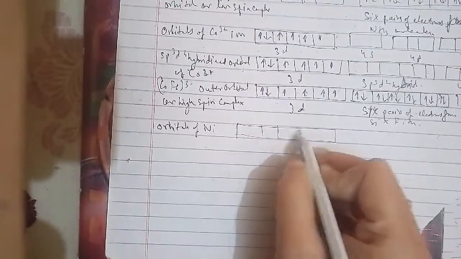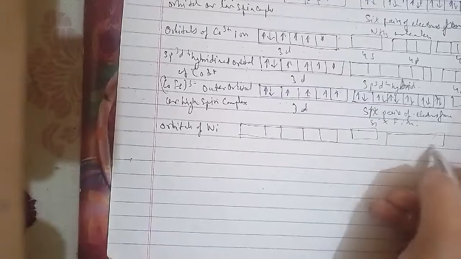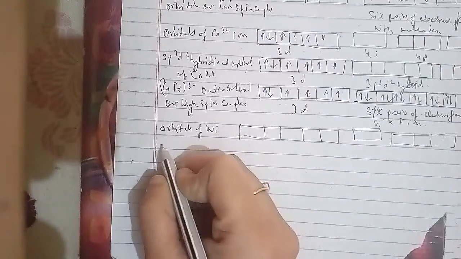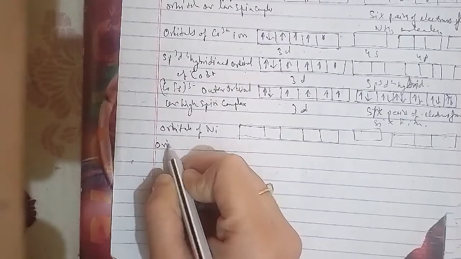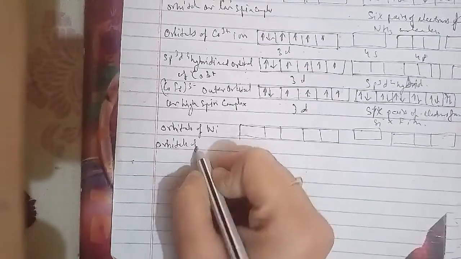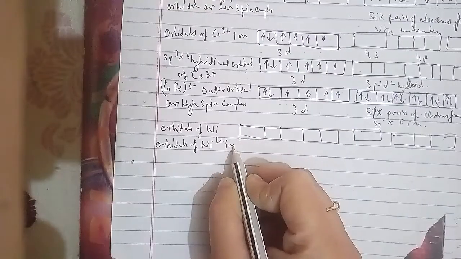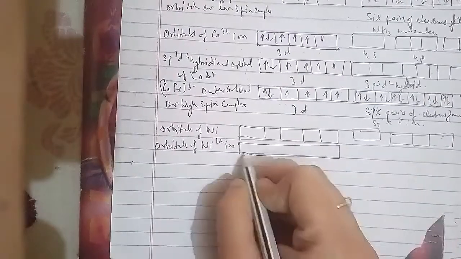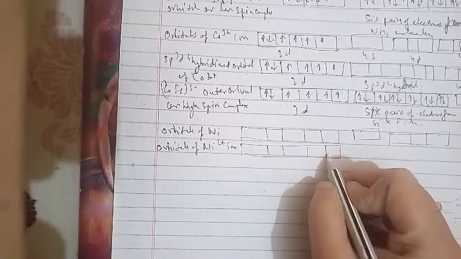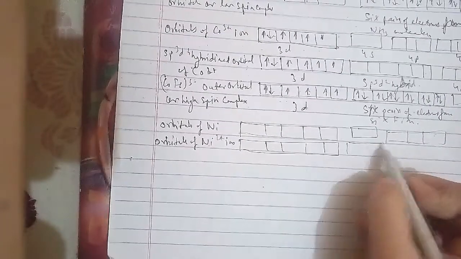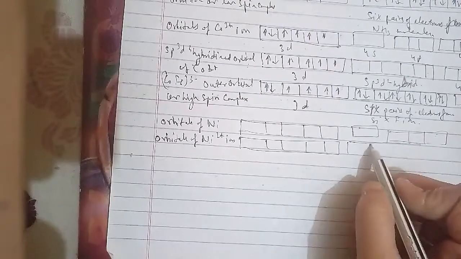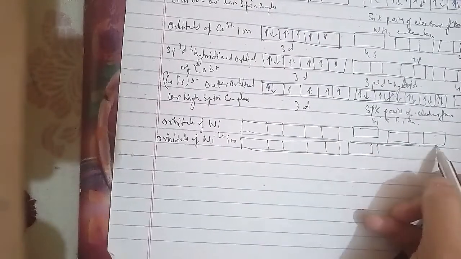Then we have orbitals of Ni2+ ion, which is as follows. And then this is one, then another one is the 2 here.